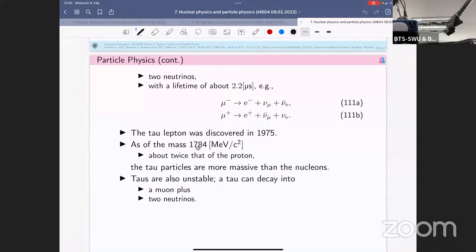Its mass is about 1,784 mega electron volts, quite big. It has a mass twice that of the proton. The tau lepton is very, very big.